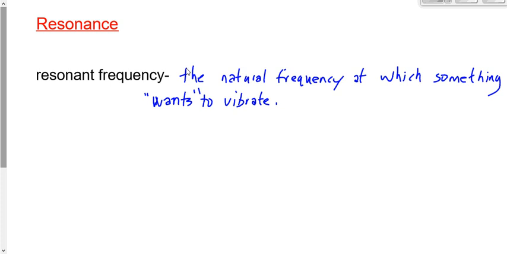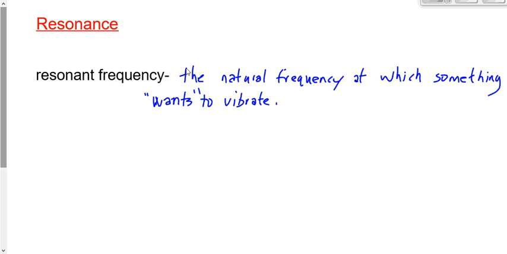Something inside the dash had a resonant frequency that corresponded to the engine frequency at highway speeds. That's why we heard it at roughly that speed of 105 to 110 kilometers per hour. Everything has a frequency at which it wants to vibrate, including pieces within the dash. Now, if those pieces within the dash are attached properly, then everything's good, and you're probably not going to hear the vibration. But if they're free to move like the end of that meter stick was, then you're going to hear that vibration.